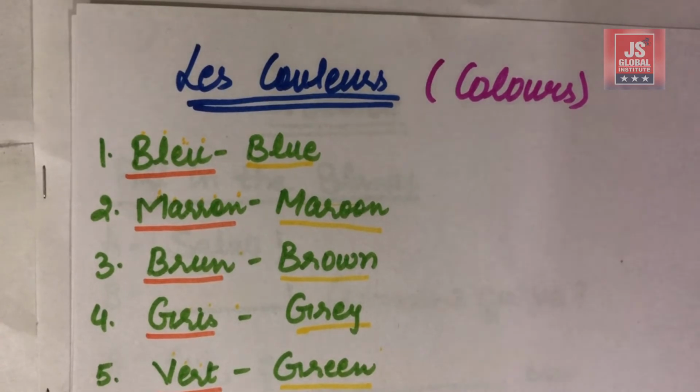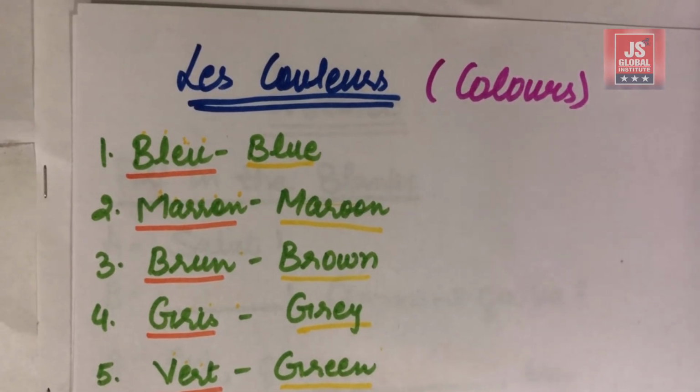Look carefully at the spellings as well as the pronunciation of these colors. While answering those questions, you have to pronounce them as well. That will improve your speaking skills also in French. So just revise them.